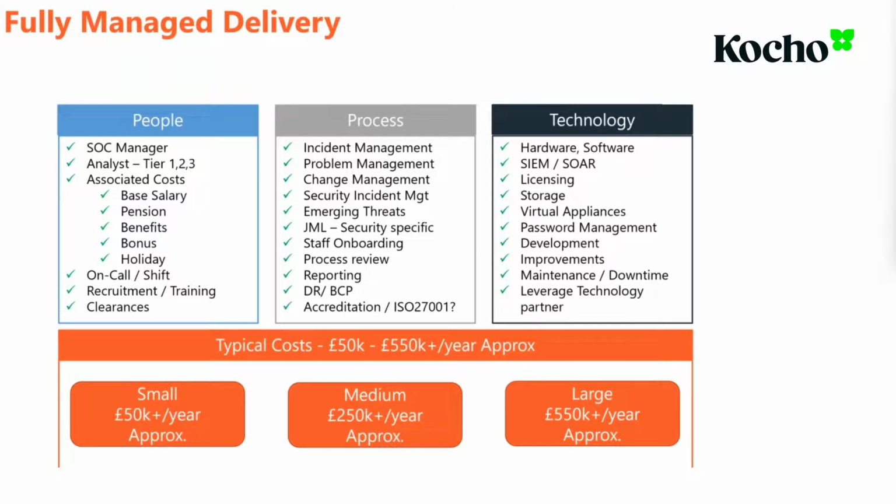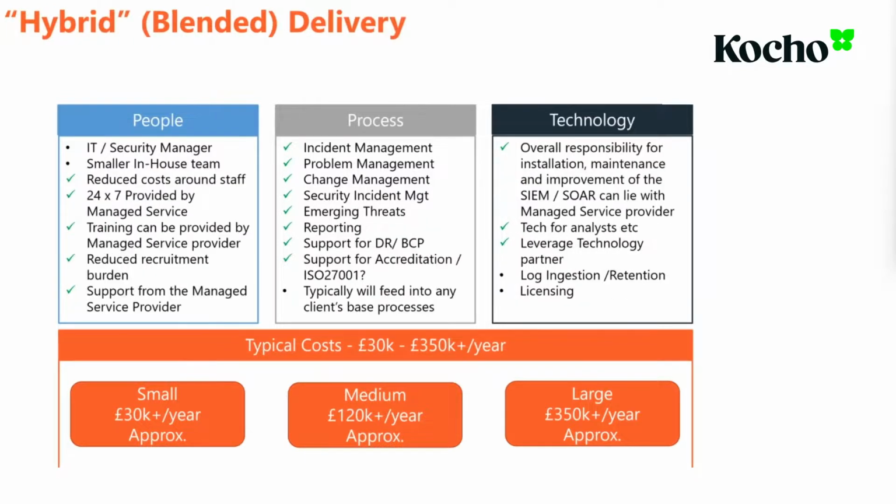So the final option, and the one that seems to be most popular on the poll as well, is the hybrid or blended delivery. So we've got 43% of people looking at this particular delivery approach. What we can say is that blended delivery is a much more collaborative approach.